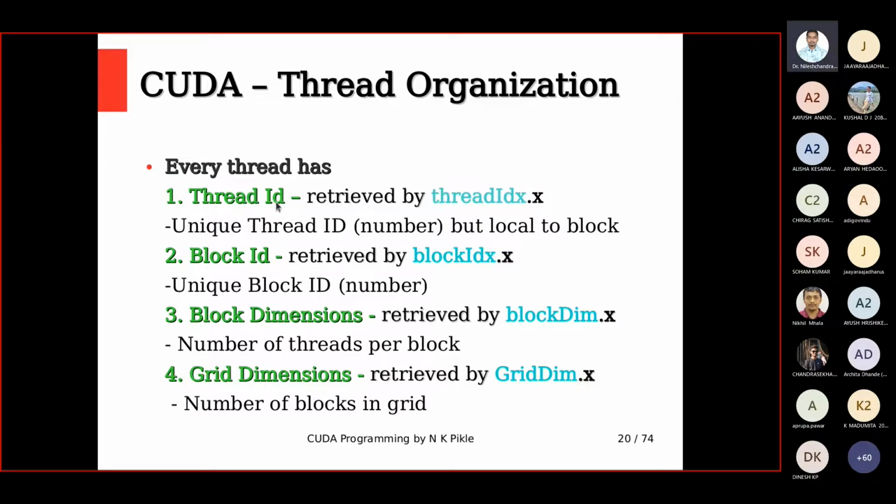If you want to find out the ID of that particular thread, we'll be using threadIdx.x. If you want to find out the block ID of that particular block, then we'll use blockIdx.x, right? If you want to find out the number of threads per block, then we'll be using blockDim.x. And if you want to find out the number of blocks inside the grid, we'll use gridDim.x, right?